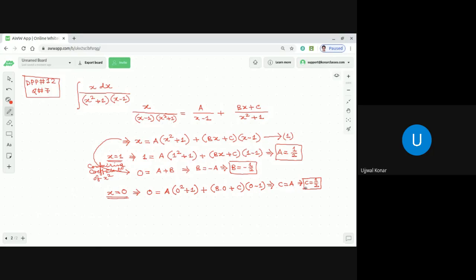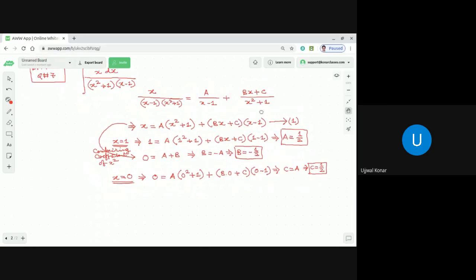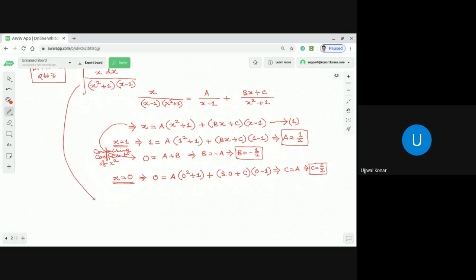So then the entire integration now becomes like what? The entire integration here looks like this, with a equal to 1 by 2: 1 by 2 integration dx by x minus 1 plus bx plus c, minus half into x plus half. So we can take half common.